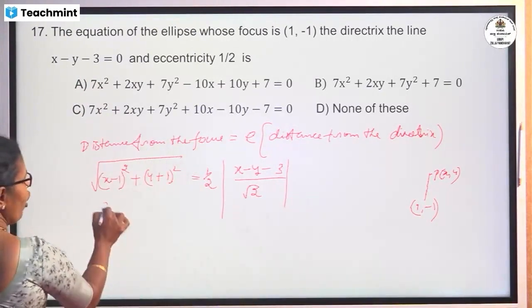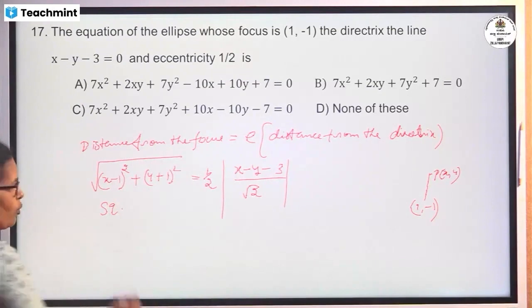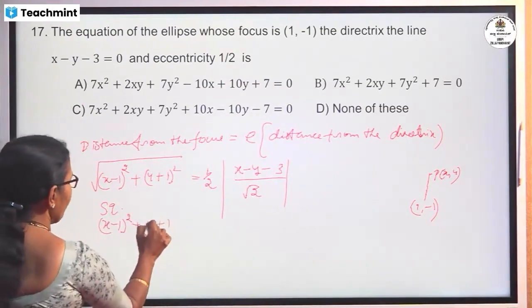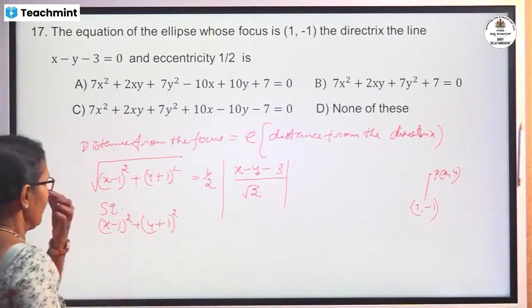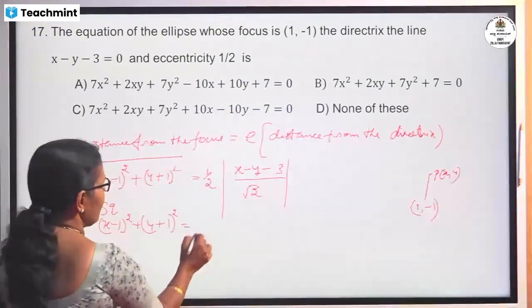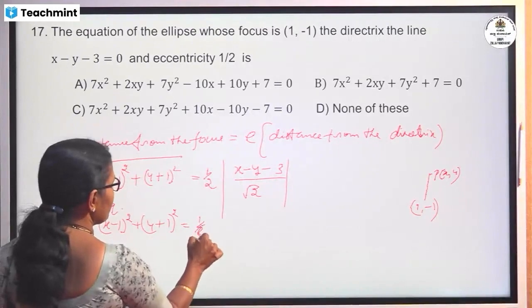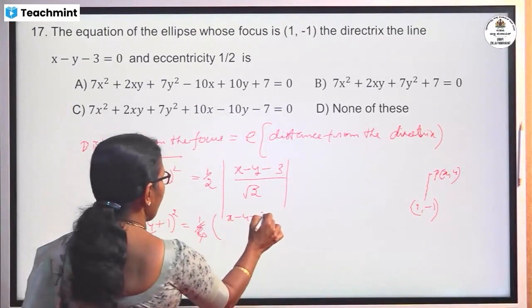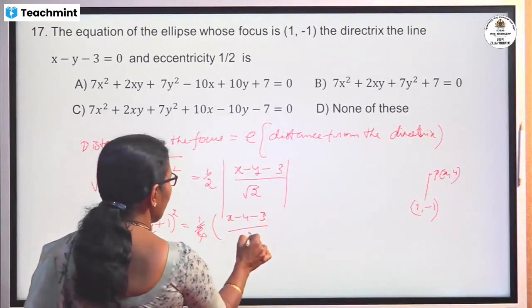Now squaring on both sides, we get (x − 1)² + (y + 1)² equals 1/4 into (x − y − 3)² divided by 2.